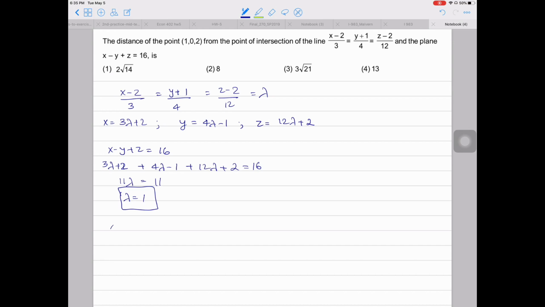So plugging in lambda equals 1, x is 5, y is 3, and z is 14. So we have 5, 3, 14, and our point is 1, 0, 2. We need to find the distance between the two, which is fairly simple.